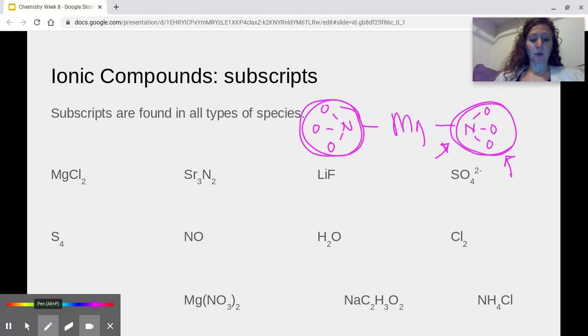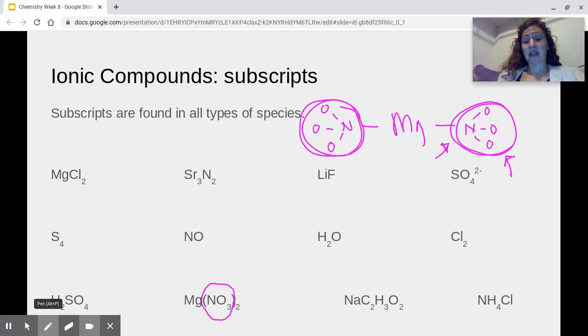So we talked about this one already, nitrate, and that one's kind of nice because they put it inside parentheses. Sometimes they put it inside parentheses and it's easier to recognize. Sometimes they don't. Like in this case, this is also an ion inside a compound. Can you name what ion that is? It's acetate. How about this compound? Can you see the polyatomic ion inside of here?